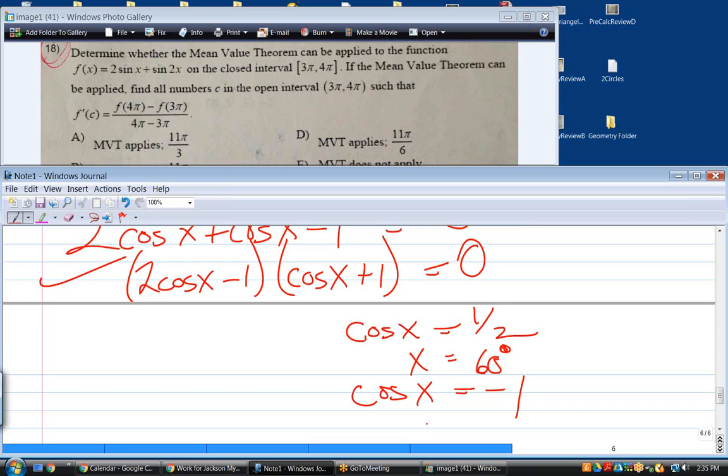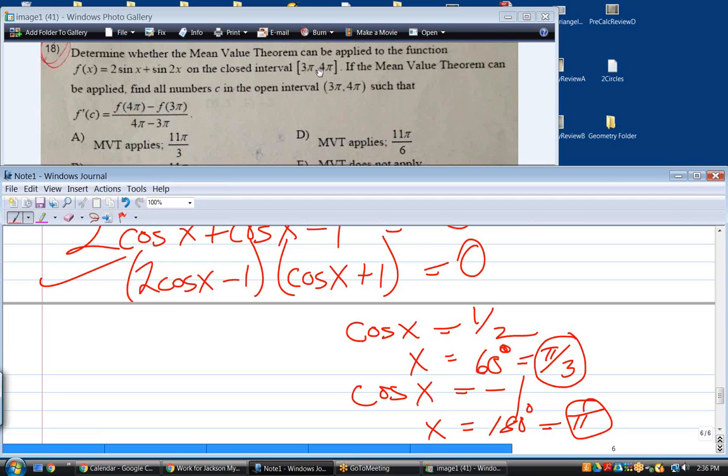Okay, cosine x equals -1 at 180 degrees. Okay, but neither of those answers, and in fact all my answers are in radians, so let's convert this to radians. That's pi over 3, and that's pi. So those would be my answers, except they're not in this interval.